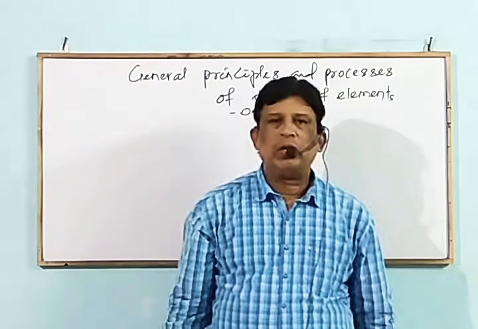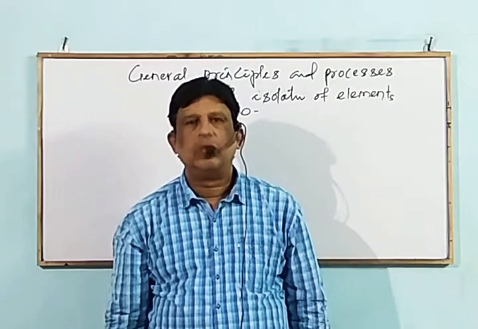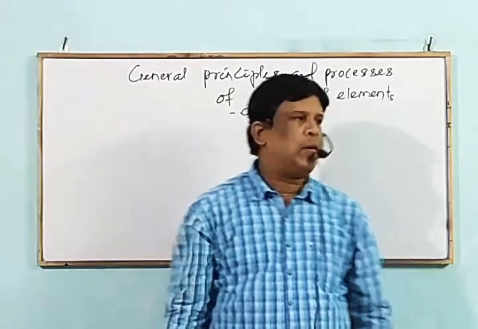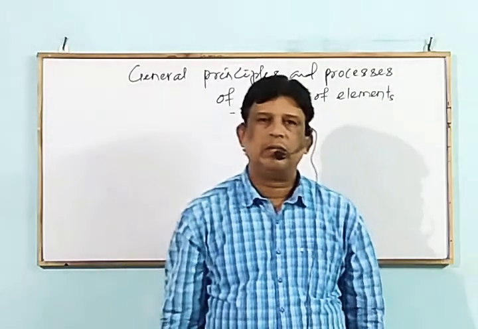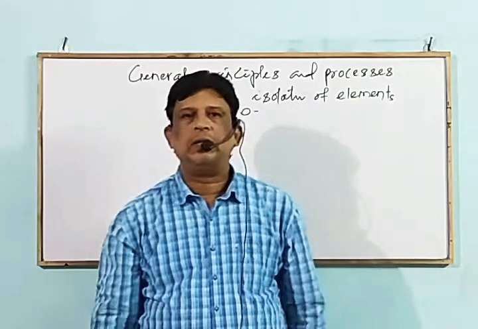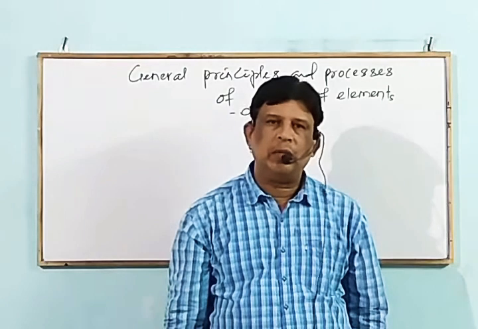When you look at the different elements in our surrounding, we observe that all the elements present are classified into 4 categories, placed at particular positions in the modern or extended form of the periodic table.